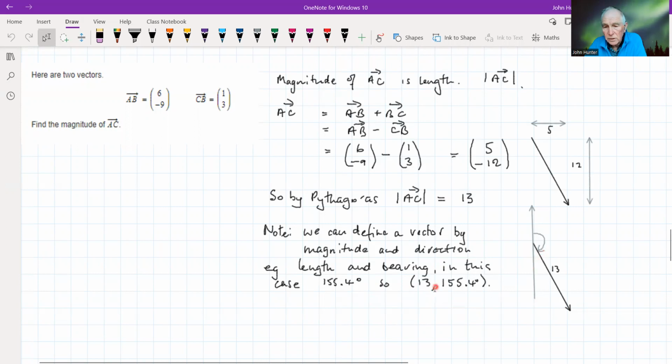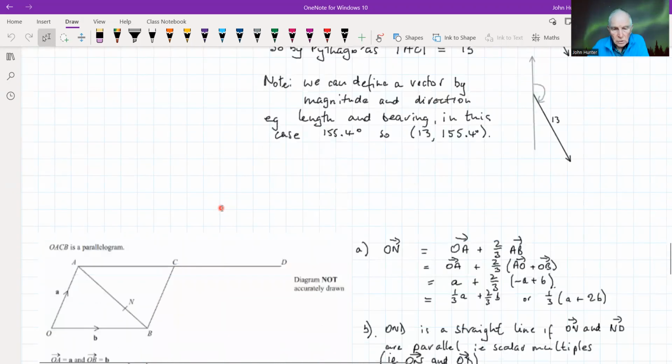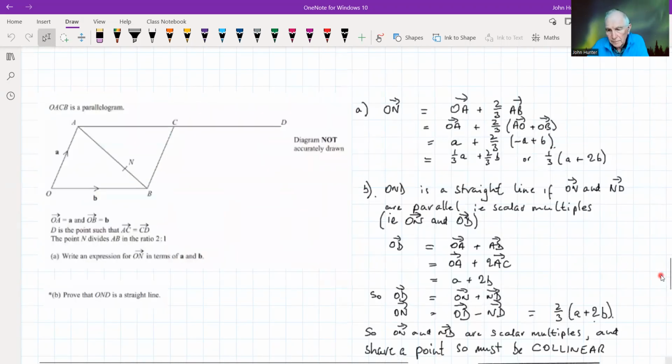We'd find that it was 155.4 degrees to 1 decimal place. So that would be the vector value if we chose to express it in that form. Okay, so that is quite a good example, I think.